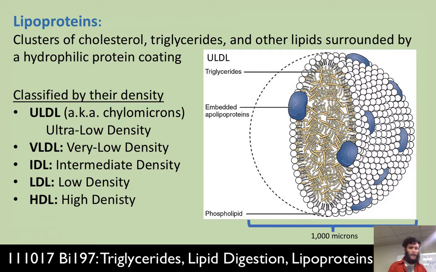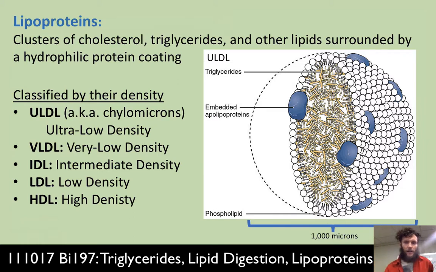All right, and they are clusters of cholesterol, triglycerides, fatty acids, other kinds of lipids, any kind of greasy molecule that needs to hitch a ride in the blood. And it's going to be surrounded by a hydrophilic coating. The constituents of that hydrophilic coating can be quite complex. We are not going to go through all of the components in the surface of a lipoprotein, although it's extremely important to understand those, but it's way beyond the scope of this class.